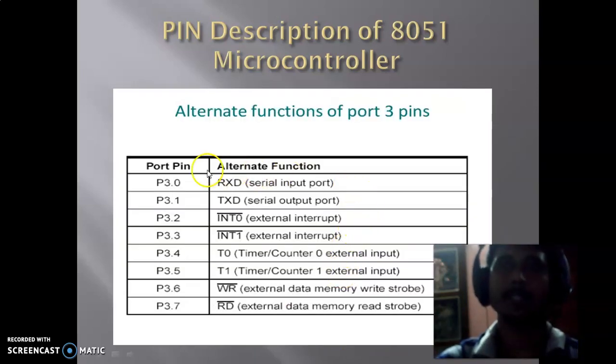The alternative functions of these port pins: P3.0 is RxD, P3.1 is TxD, P3.2 is INT0 bar, P3.3 is INT1 bar, P3.4 is T0, P3.5 is T1, P3.6 is WR bar, and P3.7 is the read signal.